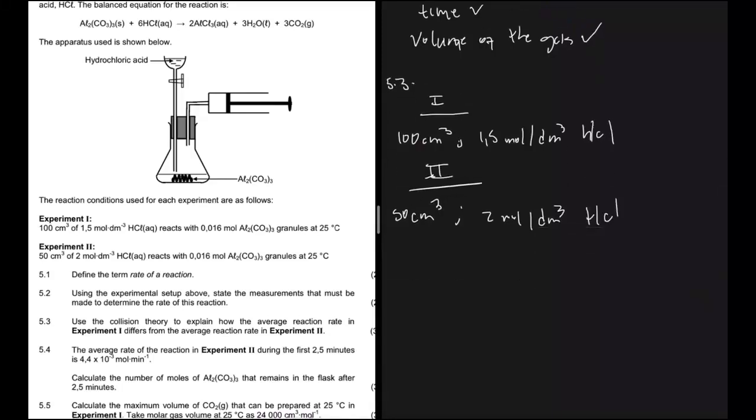So now the question is saying, let's use the collision theory to explain how the average reaction rate in experiment 1 differs from the average reaction rate in experiment 2.